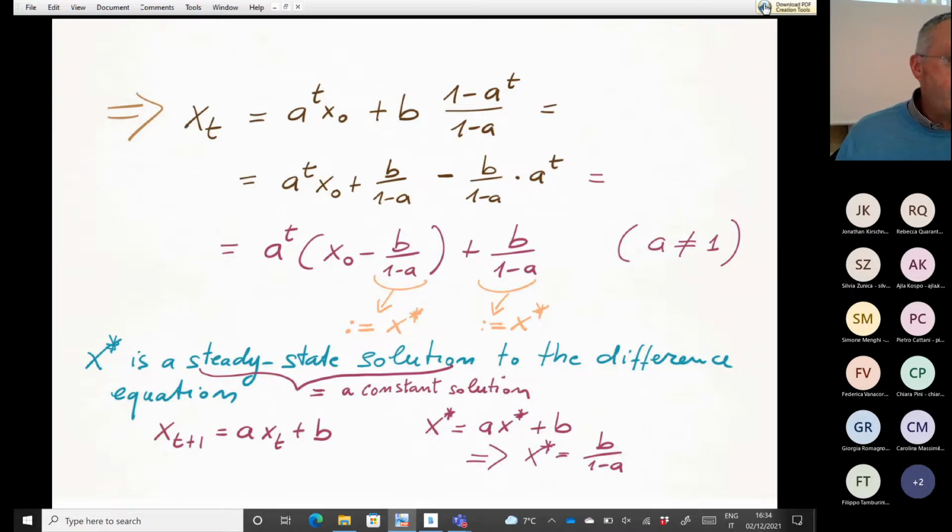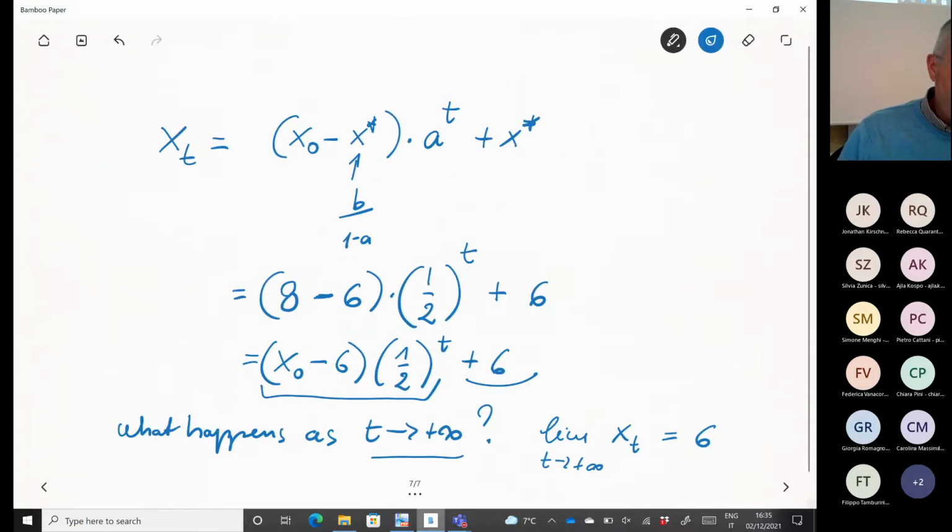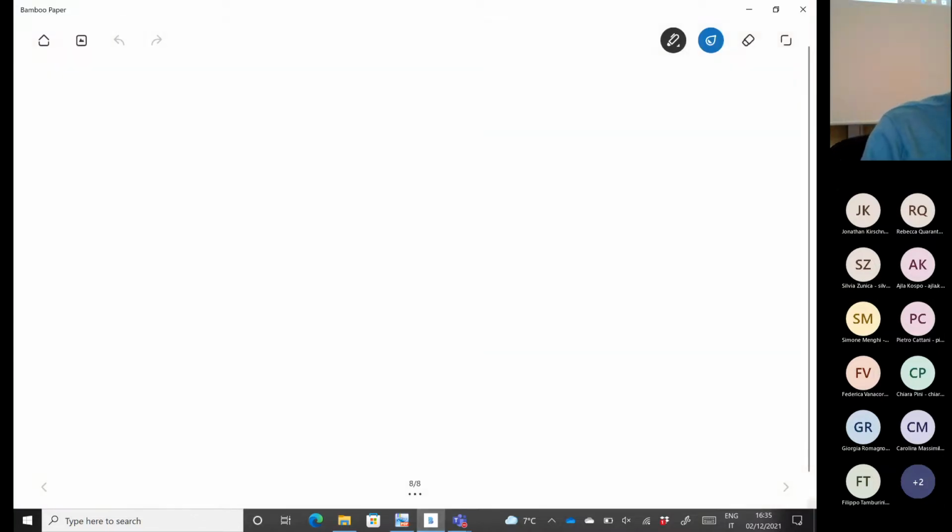Exactly like in the case of differential equations, okay? You may remember that in the case of differential equations, we wrote this, x dot plus ax was equal to b, okay?